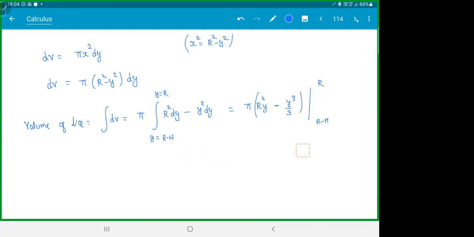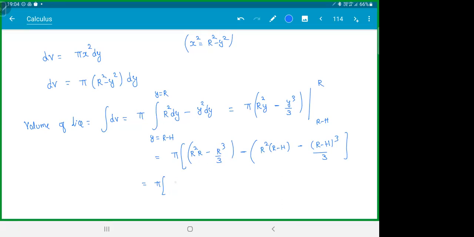If that is by chance getting confusing, I'll just do one thing. Pi, first put r square into r minus r cube by 3. Then put r minus h. R square into r minus h minus r minus h cube by 3. Simplify this. This will be pi r cube minus r cube by 3.